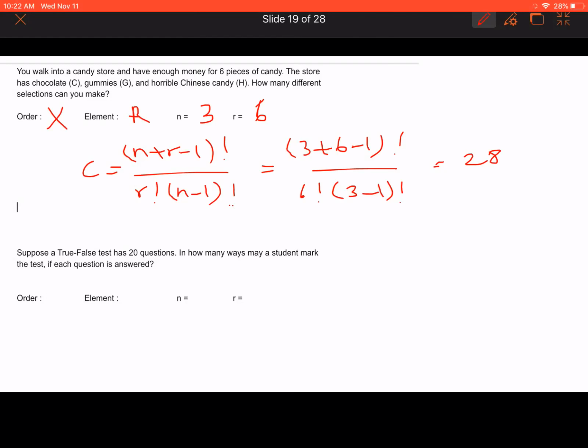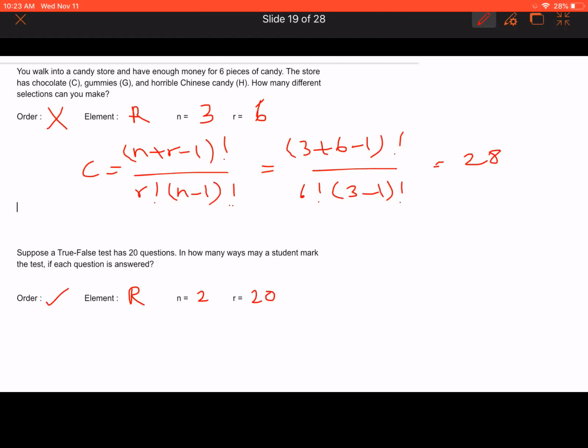So the elements are repeated, the choices are repeated for every question. And the order matters because we have to answer the questions, and the number of choices available is 2, and the questions are 20 in number.